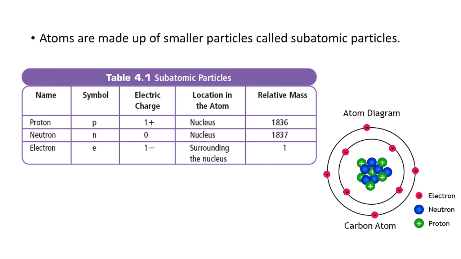So if you took a proton and an electron together, their combined mass would equal that of a neutron. And their combined charge would also be the same charge as a neutron. And then the diagram just gives you an overall structure showing neutrons and protons in the nucleus, all kind of tightly together. And then the electrons are in rings surrounding that in red.